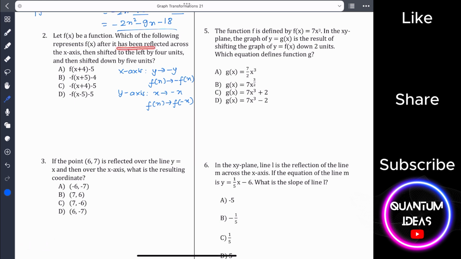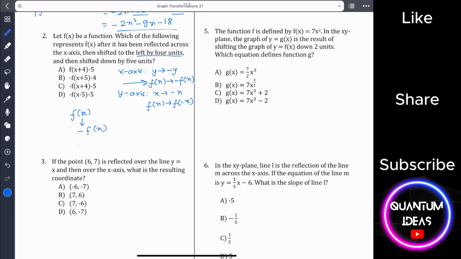So it has been reflected across the x-axis, so this is f(x). Now reflect it along the x-axis, right? This is the condition. So f(x) becomes minus f(x) after reflection. Now shift it left by 4 units.